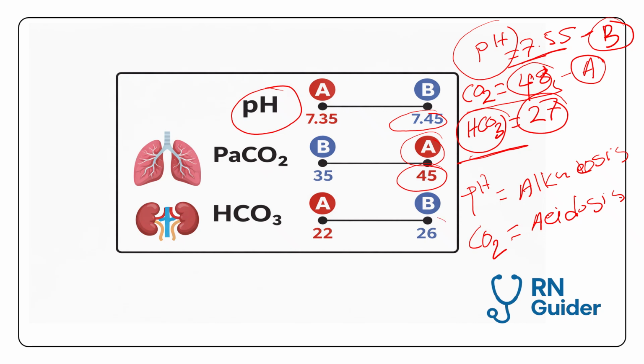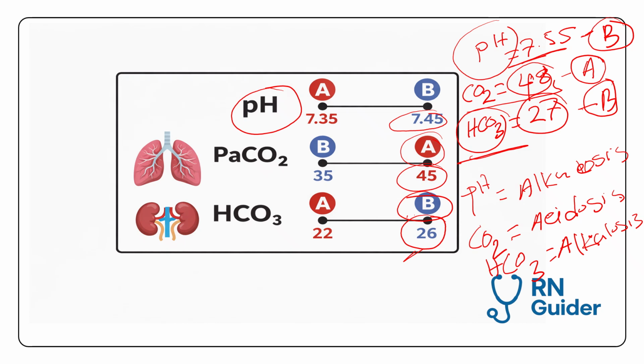And bicarbonate? Bicarbonate 27. That means over. For over, what comes? According to the formula, this is B. B for base. So bicarbonate is alkalosis. So in step 2, what do we have to do?